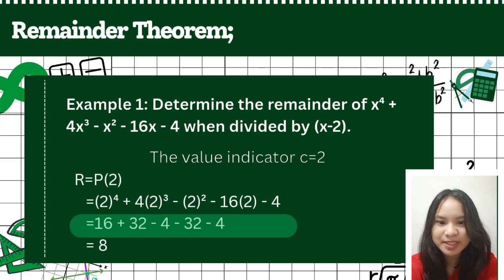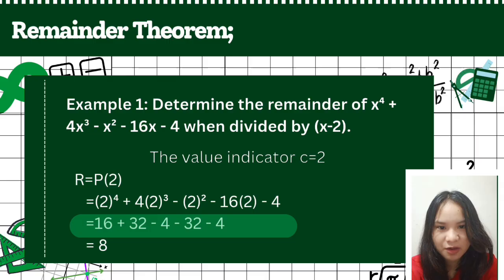We just multiply each by itself. For example, 2 to the power of 4: 2 times 2 times 2 times 2 is equal to 16.